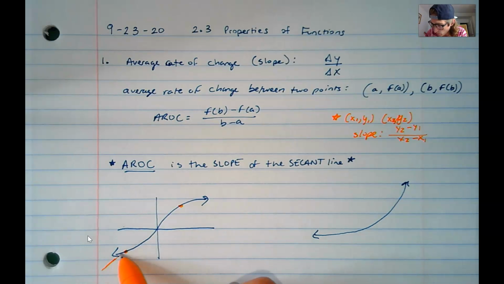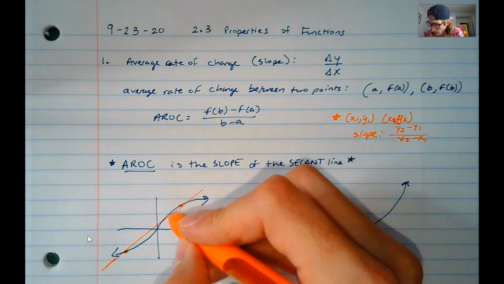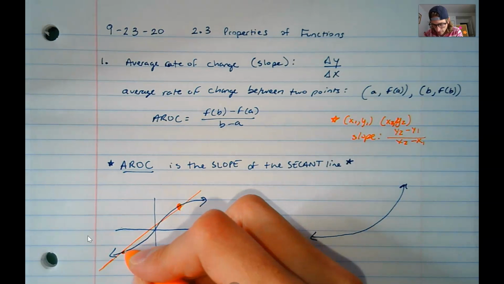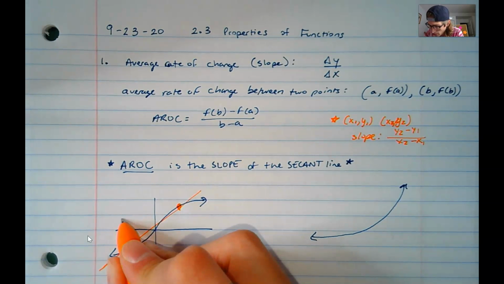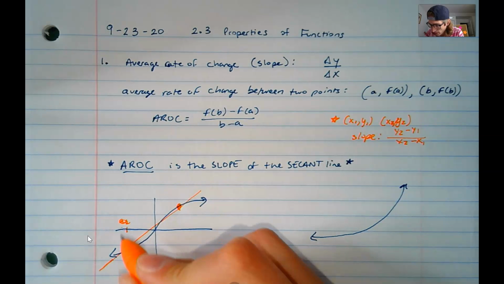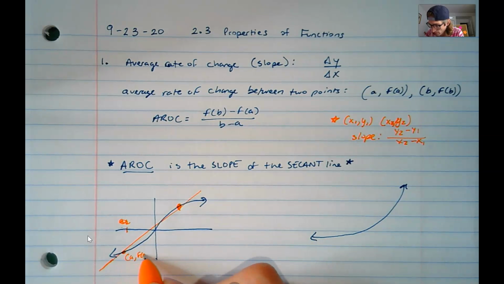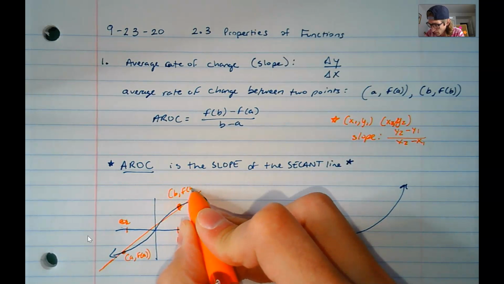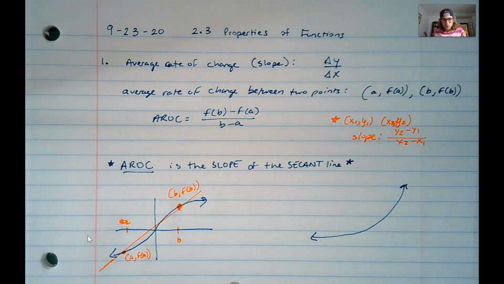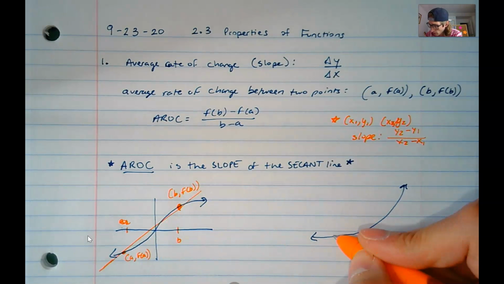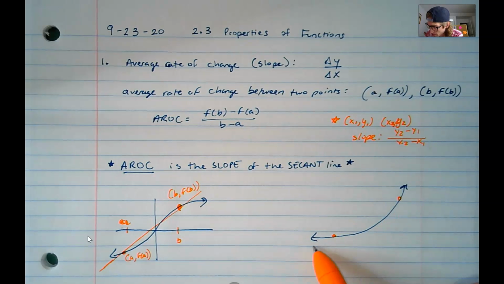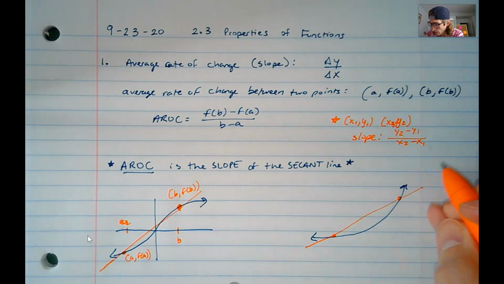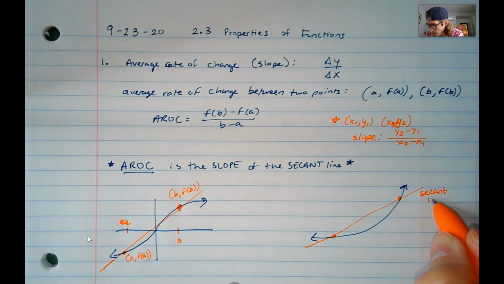But when we think about our secant line, we're going to think about it as saying like our a value is here, and this is a, f of a, and this would be our b value here, so this would be b comma f of b. So we'd be taking the slope between these 2 points by drawing that line through them. So it'll look a little bit more straightforward here on this picture. This one, if I could draw straight, is the secant line.